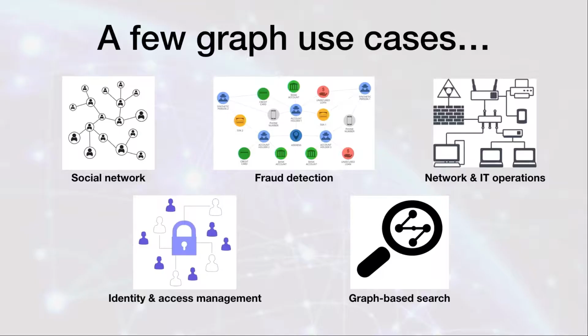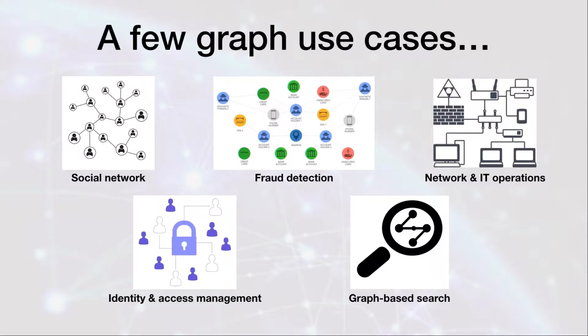There's a variety of use cases that this is used in order to solve some problems and answer some questions. Several of these come up. There's many, many more than what could possibly fit on this slide, but these are just some of the most common ones that we see. Social network is a very common use case, how people are connected to other people. You can think of things like Facebook, Twitter, LinkedIn, all types of other social media, how to connect people with one another.